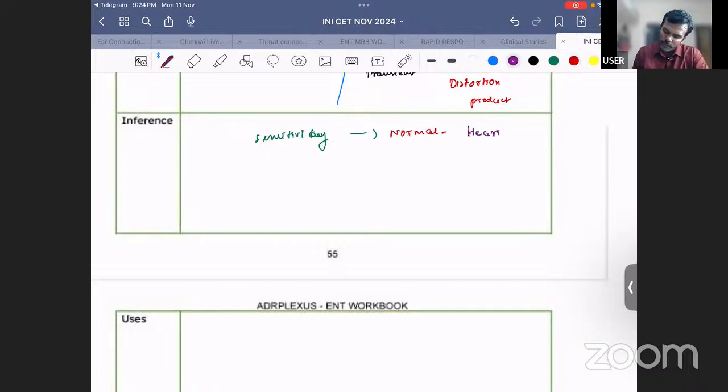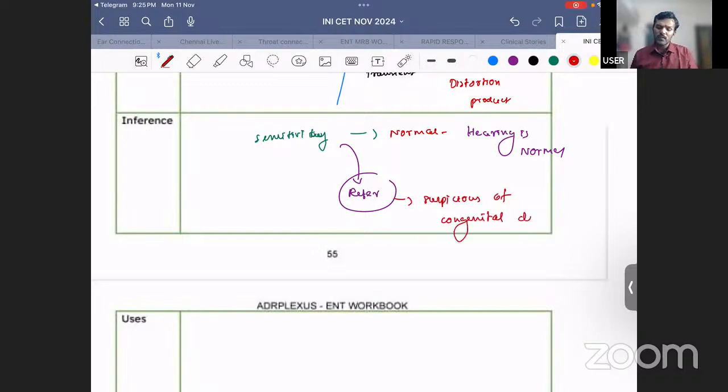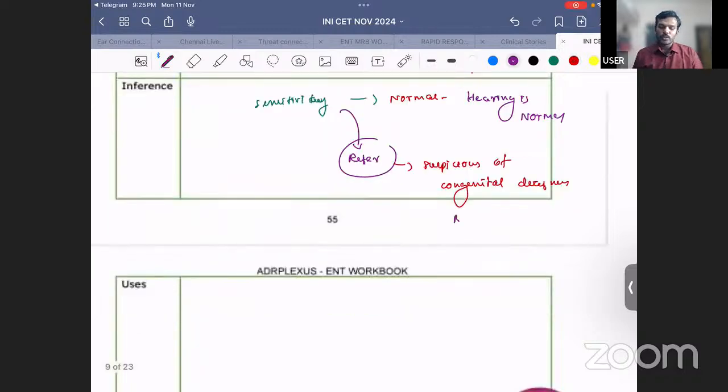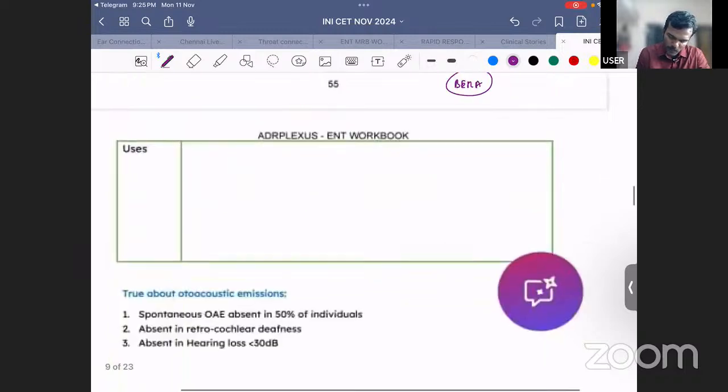If it shows refer, that will be the inference from this OAE: suspicious of congenital deafness. So what can you do for these patients? Suspicious of congenital deafness means you should do BERA in these patients. So they are used as a screening test, for screening neonates.